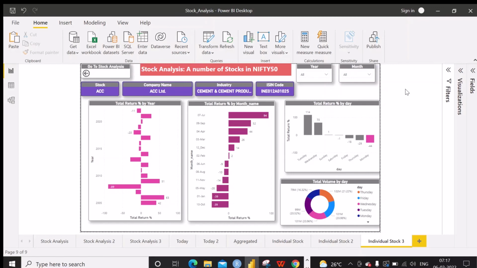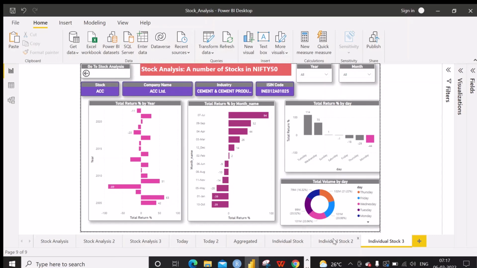The greatest advantage of this is you can get most of the data in a small duration, within a minute or within a few minutes. You can get the details about the comparison of the shares, or any particular share, how it is performing over the period, whether in a particular year or a particular month.